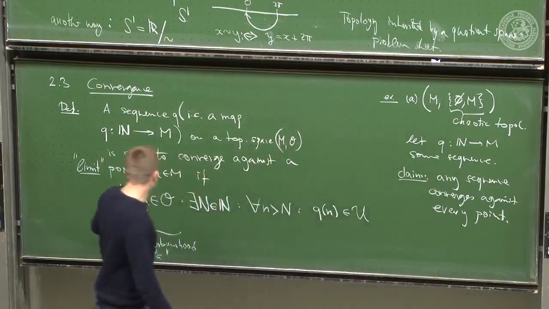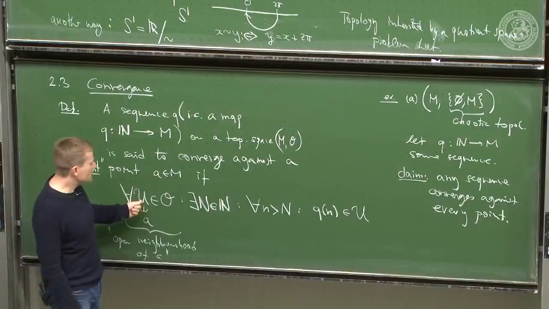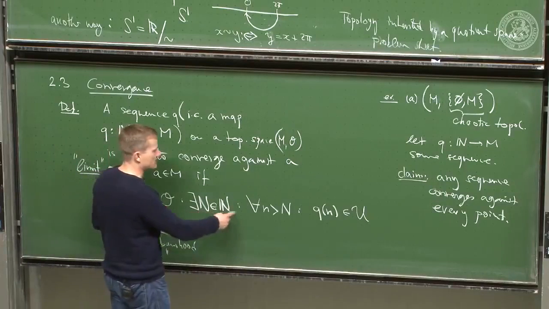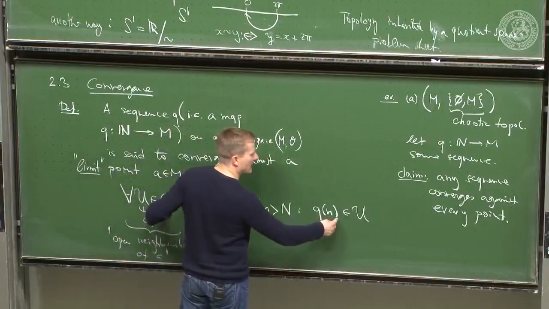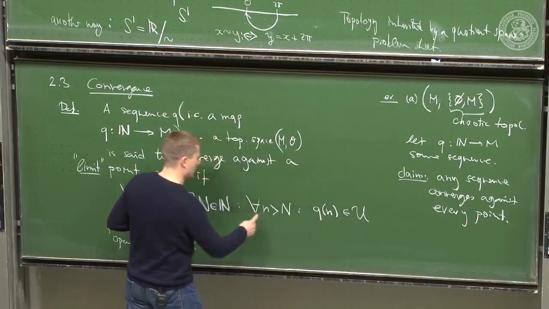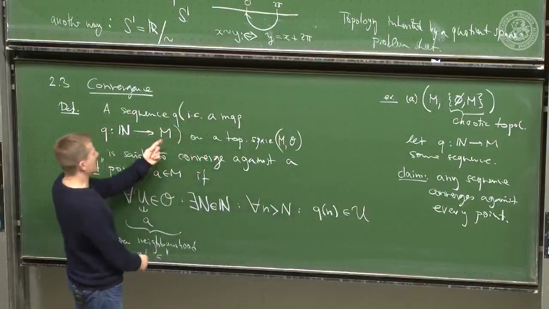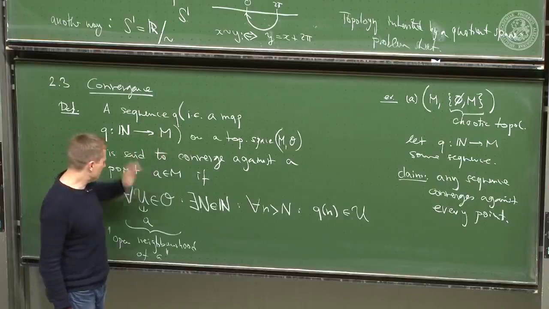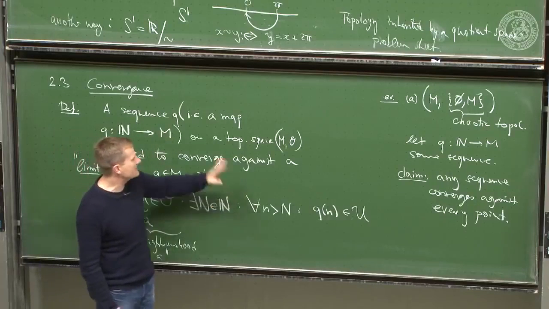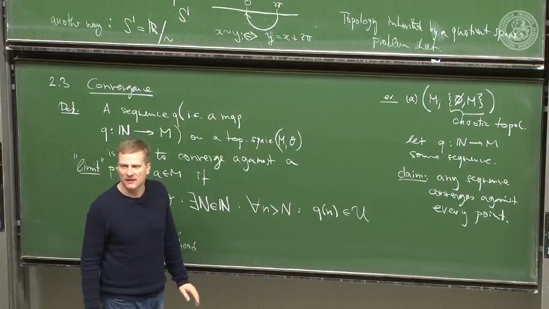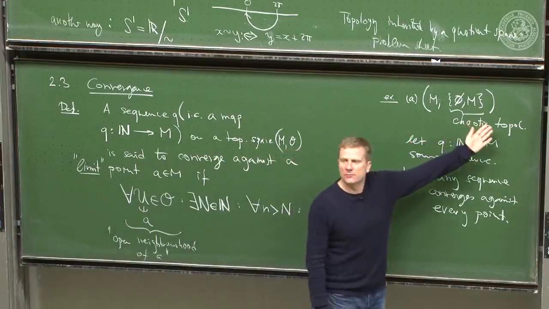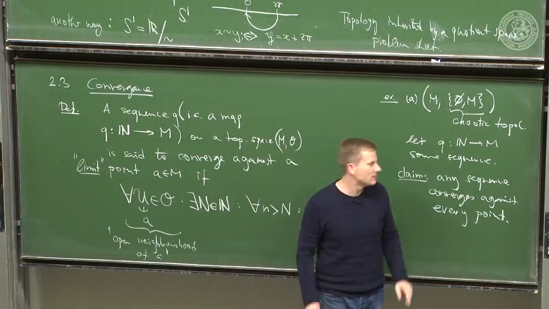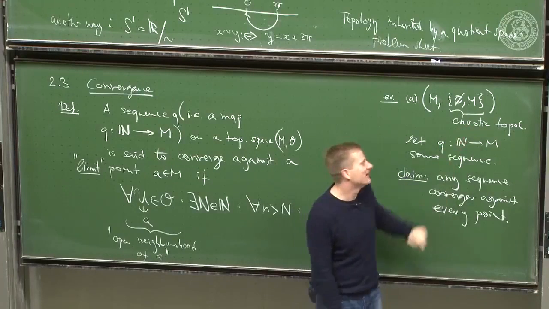So U is already the entire set M. Well, of course there exists an N such that for all n greater than N, Qn lies in M, because for every n, Qn lies in M because it's a map into M. Fully independent of what the point is, fully independent of how exactly the sequence is defined. So choosing the chaotic topology, every sequence converges against any point. Brrr, hence chaotic. Okay? That's the idea.